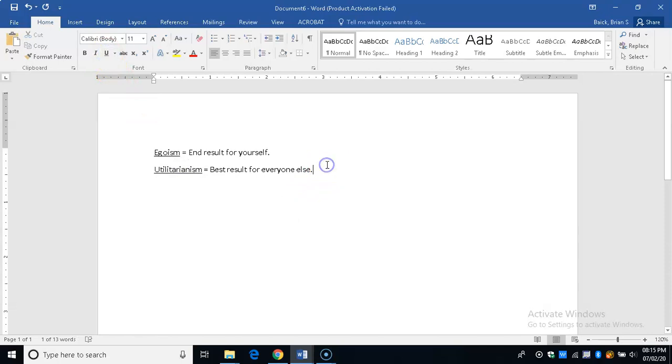Okay, so for example, let's say that I want to build a road, and the road is going to help a great many number of people. Okay, so I'm going to create a new road that benefits many people. However, this road happens to go through my own house.